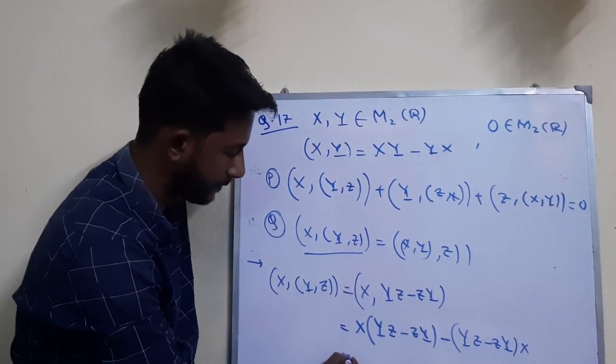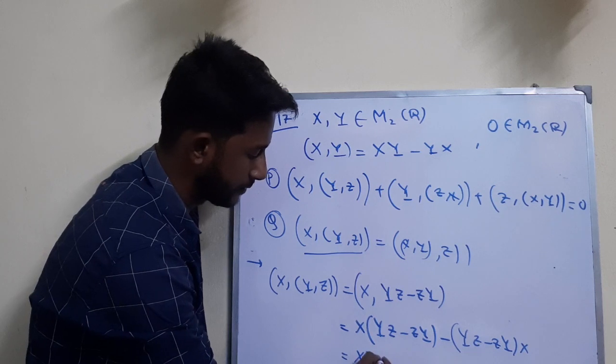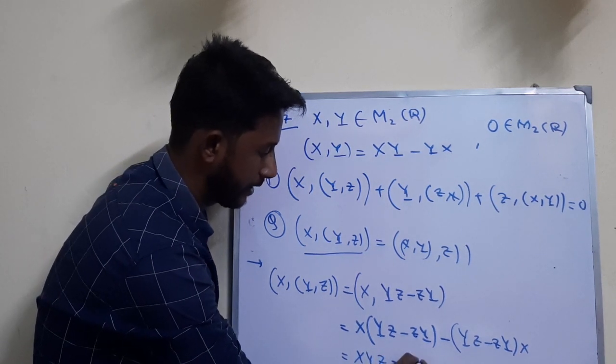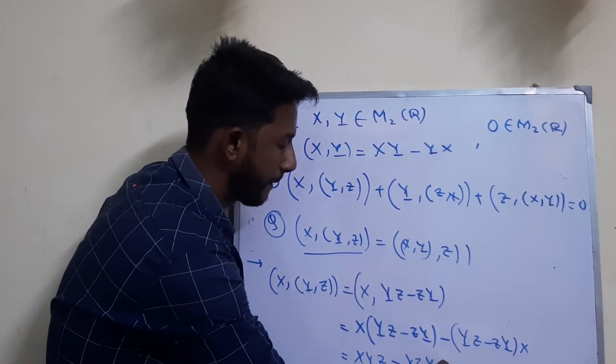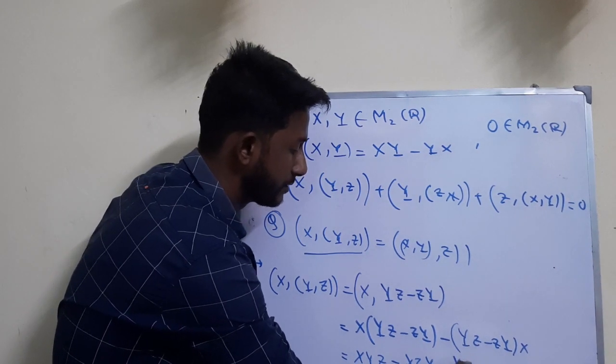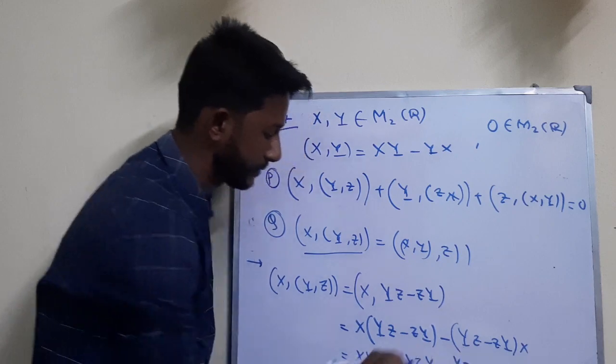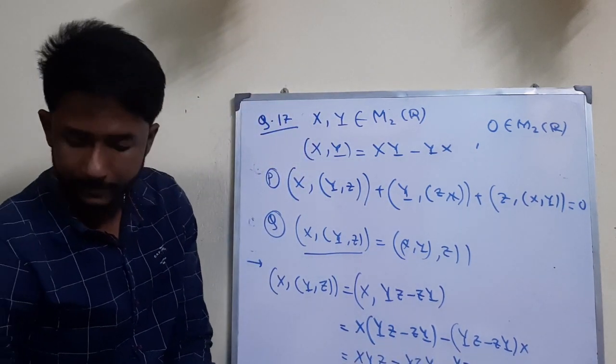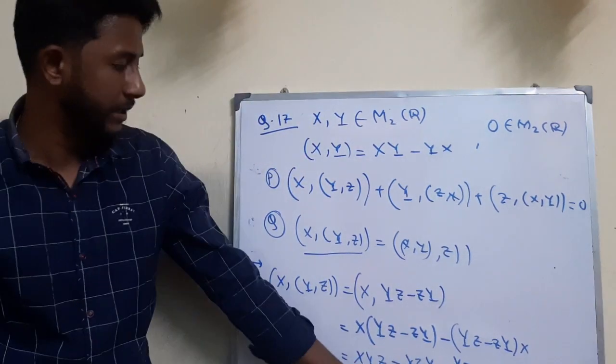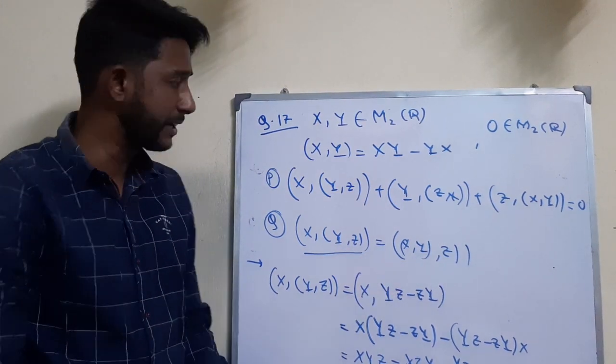Now simplify it: xyz minus xzy minus yzx minus zyx. This is the left hand side. Now let us simplify the right hand side.